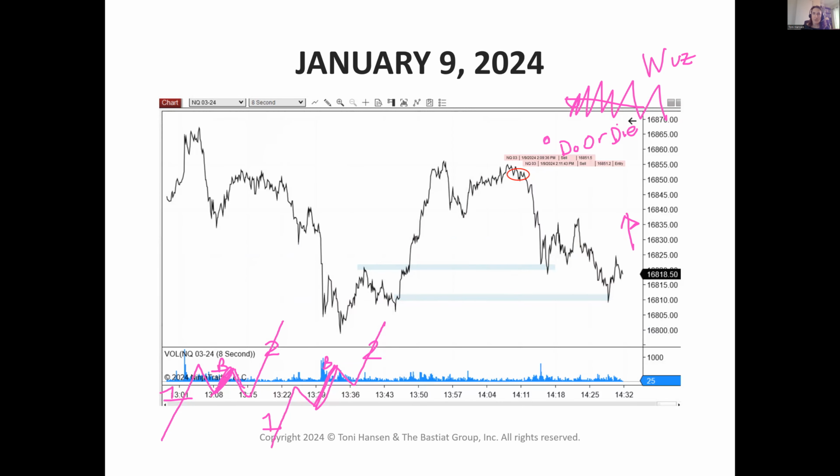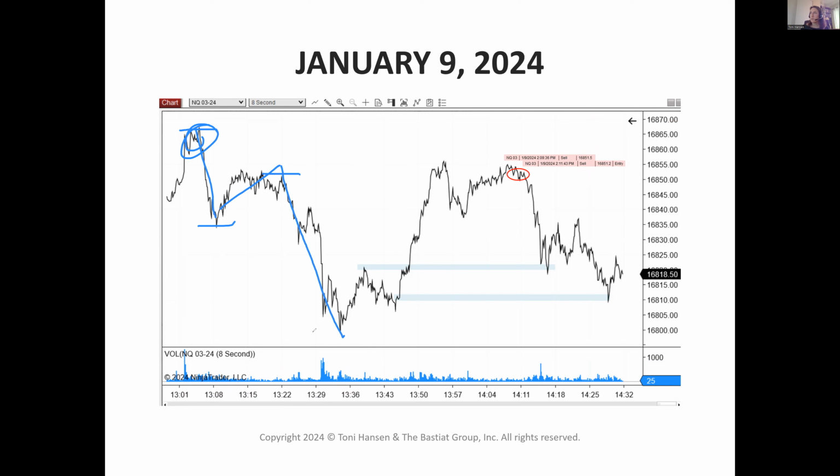Now here, we also have that same first move and then the two moves here. The problem though is B, that second move with the two moves, is twice A. So what that means is getting a third move becomes more difficult. You're going to have a harder time really getting that third move to come to the downside.